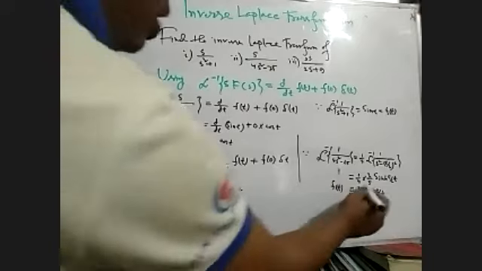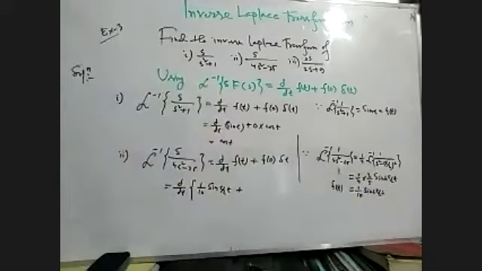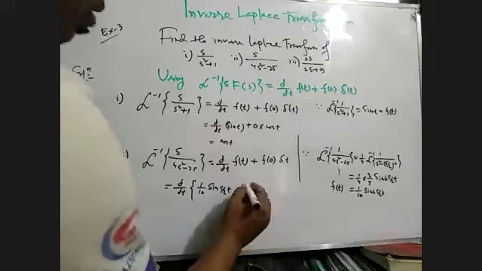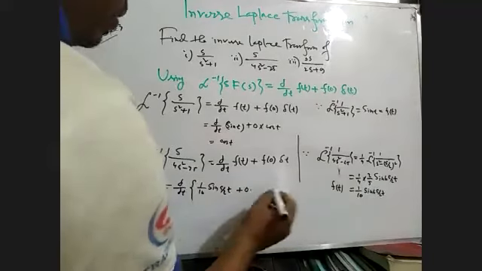Plus f of 0, what will be? Sine hyperbolic 0 equals 0. Del t, what will be del t?